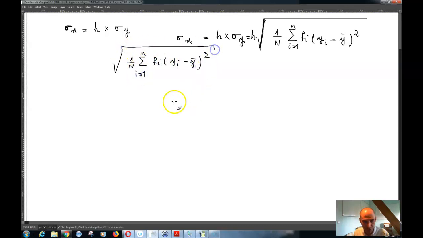I think we have done this somewhere, probably in the same basic derivation, but let's see.